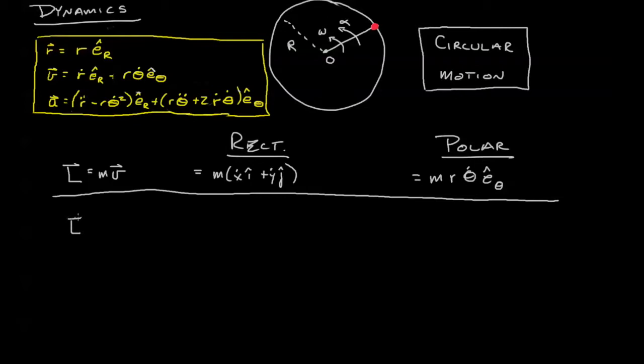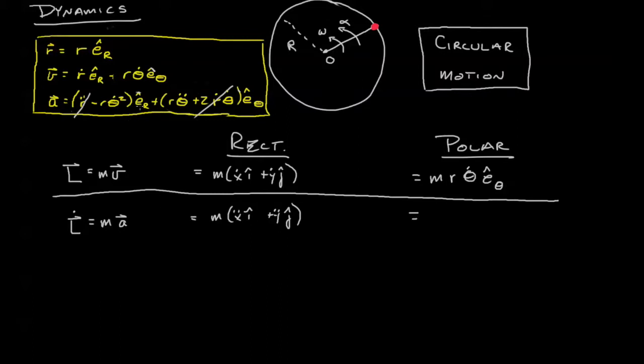Next, we'll take a look at the change in linear momentum. This is mass times acceleration, and in rectangular coordinates, it's once again pretty simple: m times x double dot i plus y double dot j. And in polar coordinates, we're looking at circular motion, so we're keeping our radius constant.